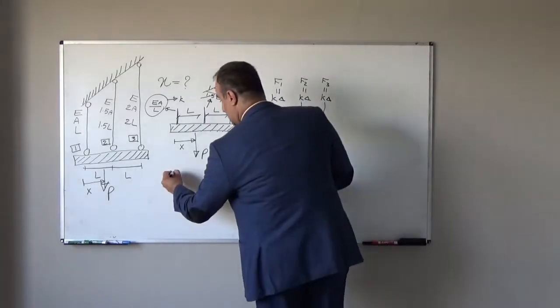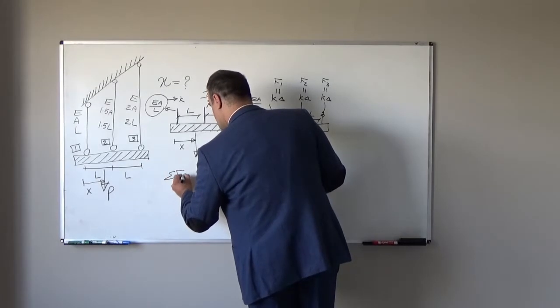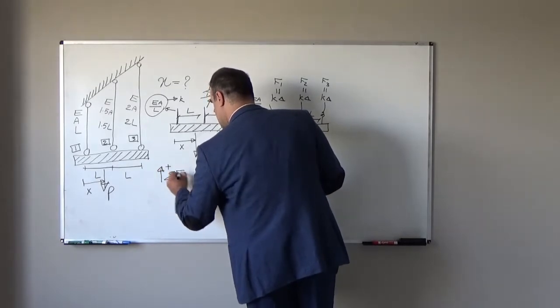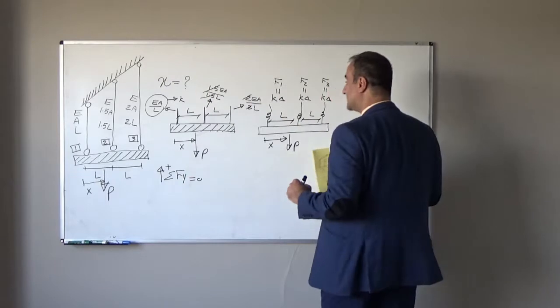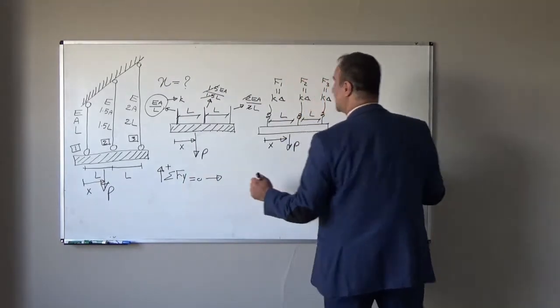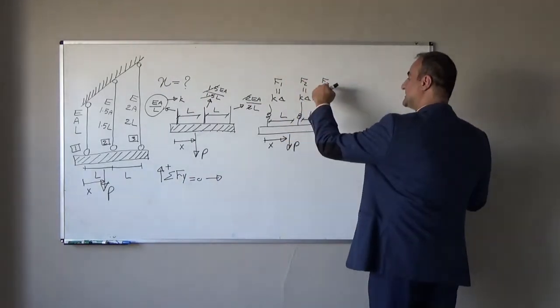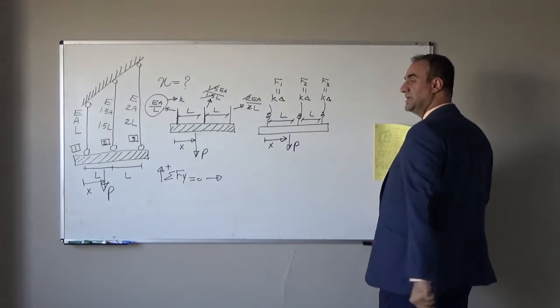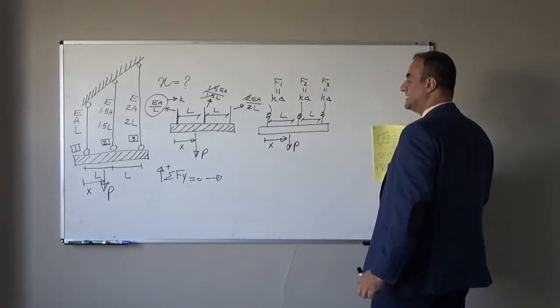If I write the summation of forces in the vertical direction, the equilibrium equation in the vertical direction, I have F1 plus F2 plus F3 minus P is equal to 0.